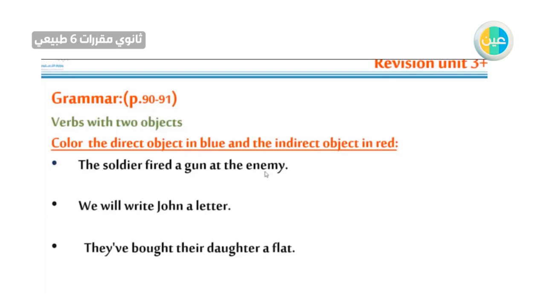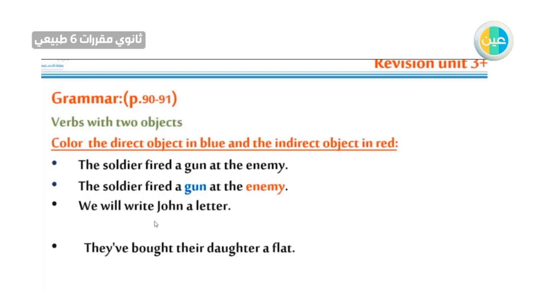A gun at the enemy. Excellent. Gun, a thing, is the direct object. Enemy, a person, is the indirect object. Let's check. Yes, gun, direct, blue. Enemy, indirect, red.